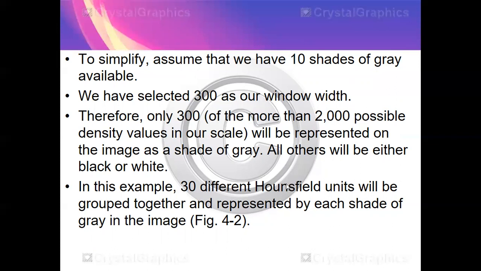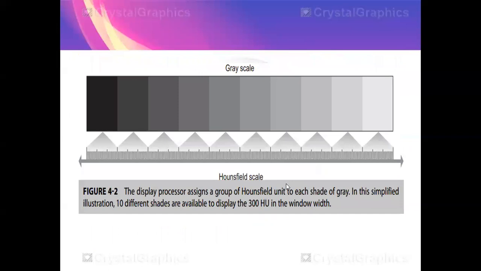So for example, sa next slide natin, there are 30 different Hounsfield units grouped together and represented by each shade of gray in the image. So halimbawa, meron tayong ditong 30. The display processor assigned a group of Hounsfield units to each shade of gray.